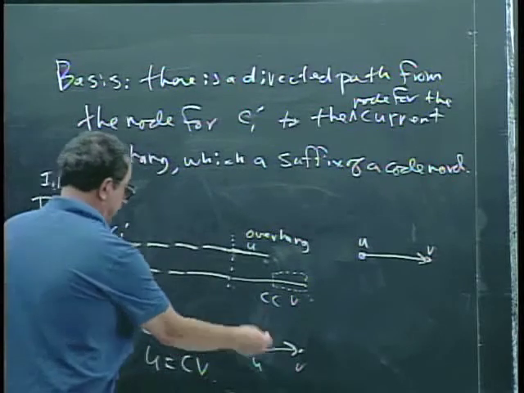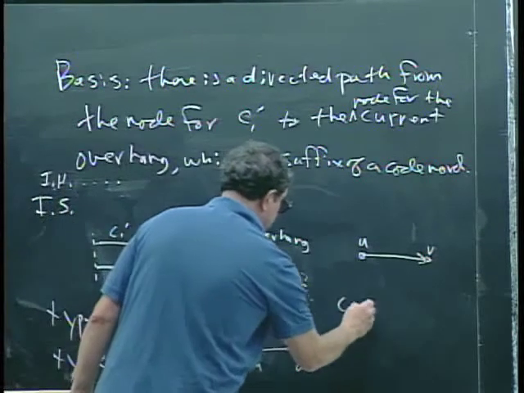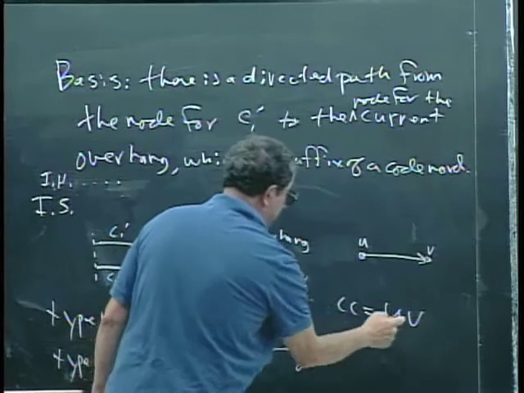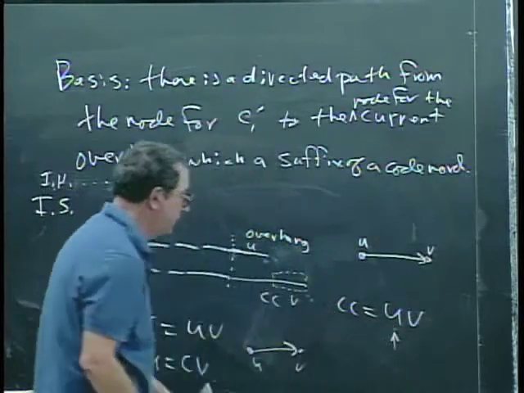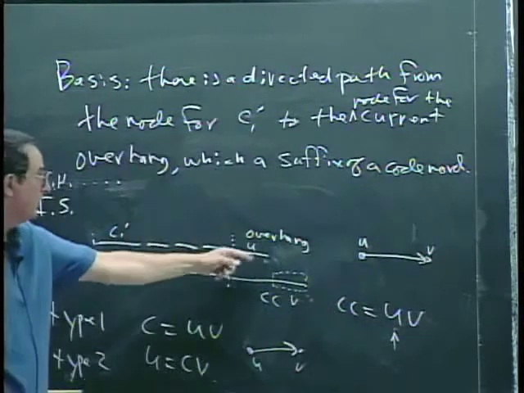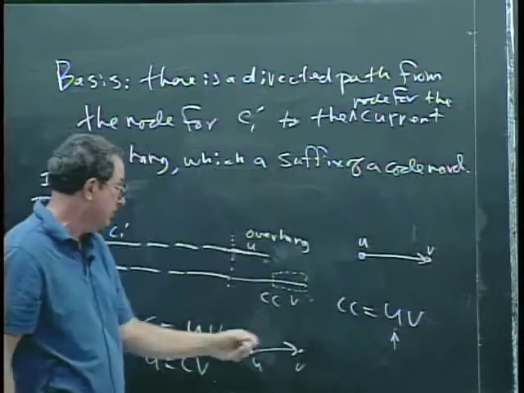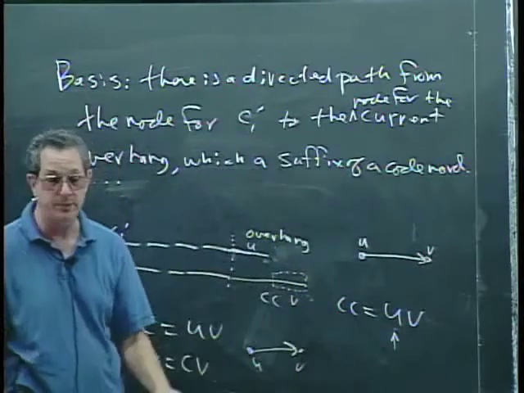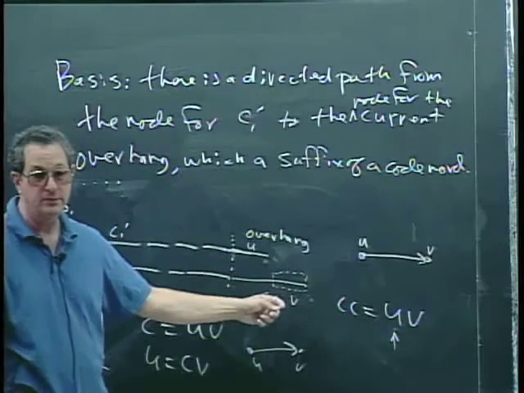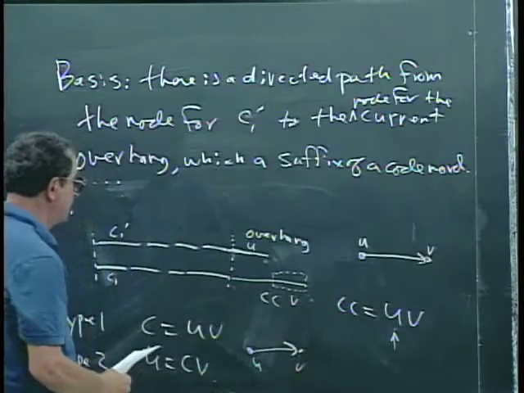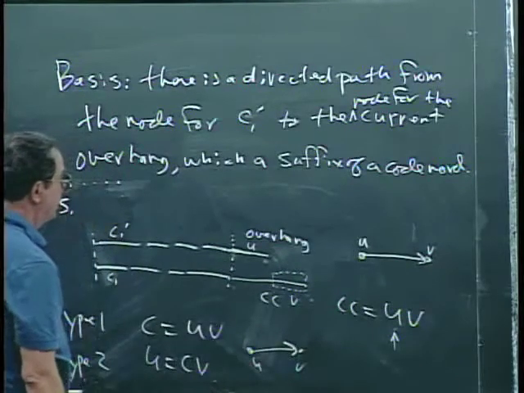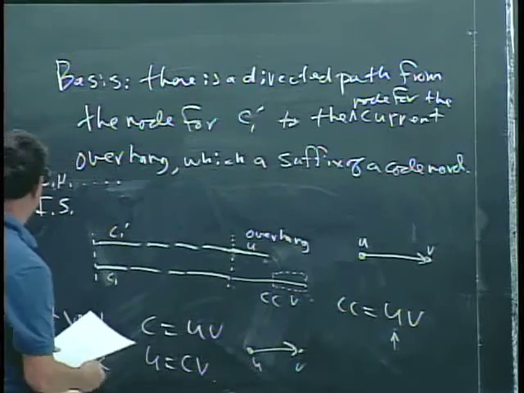So here we have CC equals UV, where U is the current overhang, and therefore it's a suffix of a code word. V is certainly the suffix of a code word because it's the suffix of CC. And so that's a type 1 edge in the graph, and therefore what do we have?